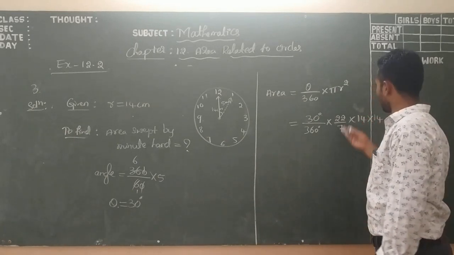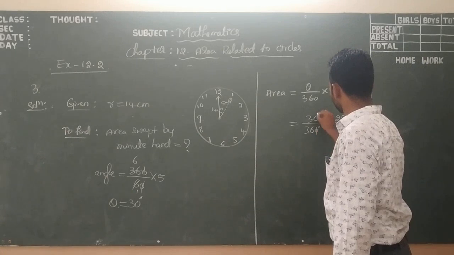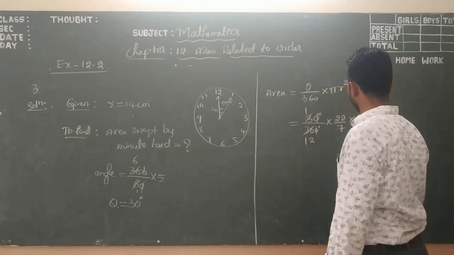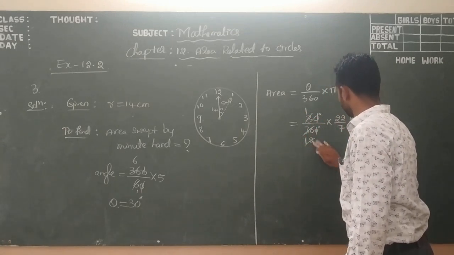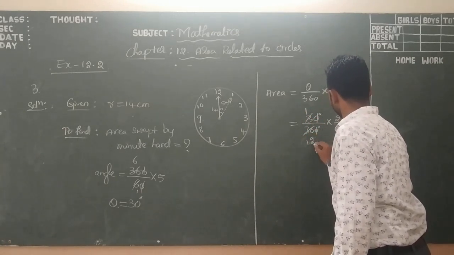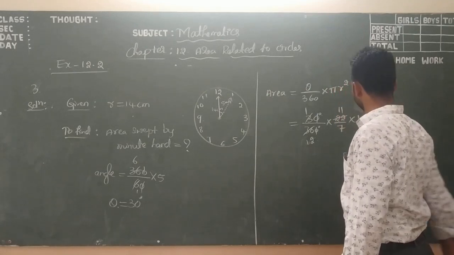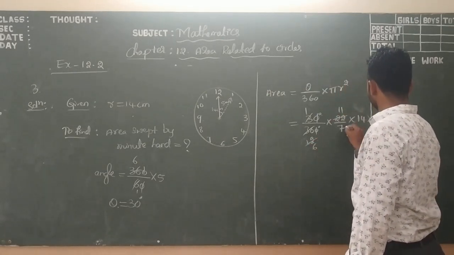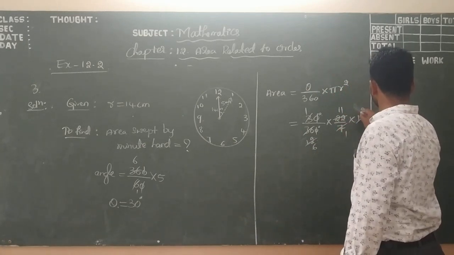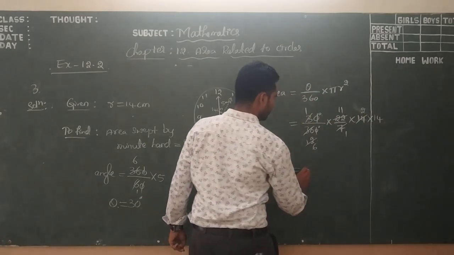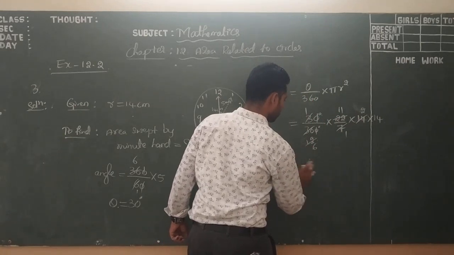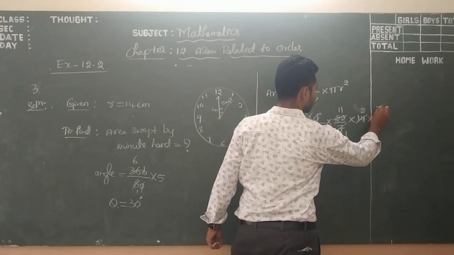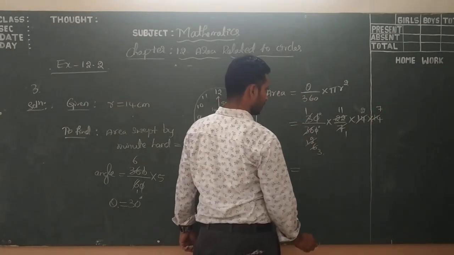Zero gets cancelled. 3 ones are 3, 3 twos are 6, and 12 ones are 12. 2 elevens are 22, 7 twos are 14.